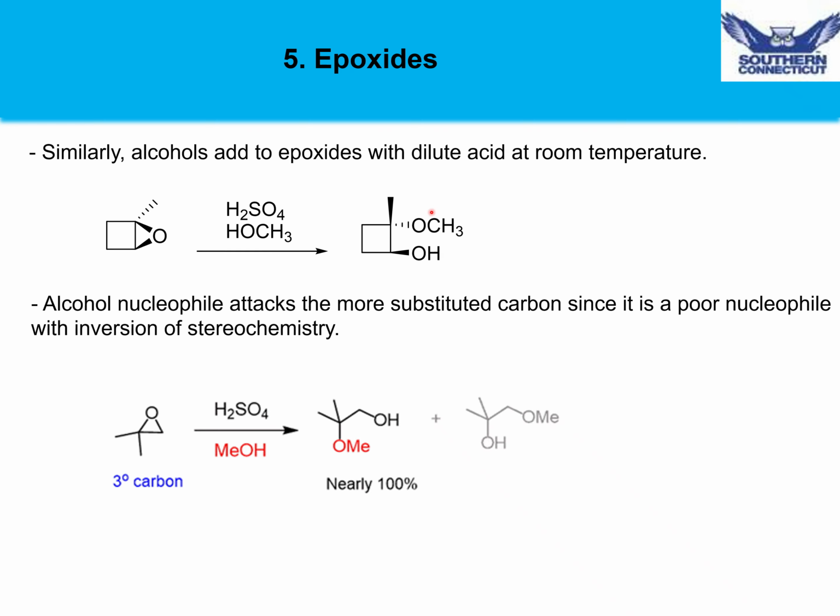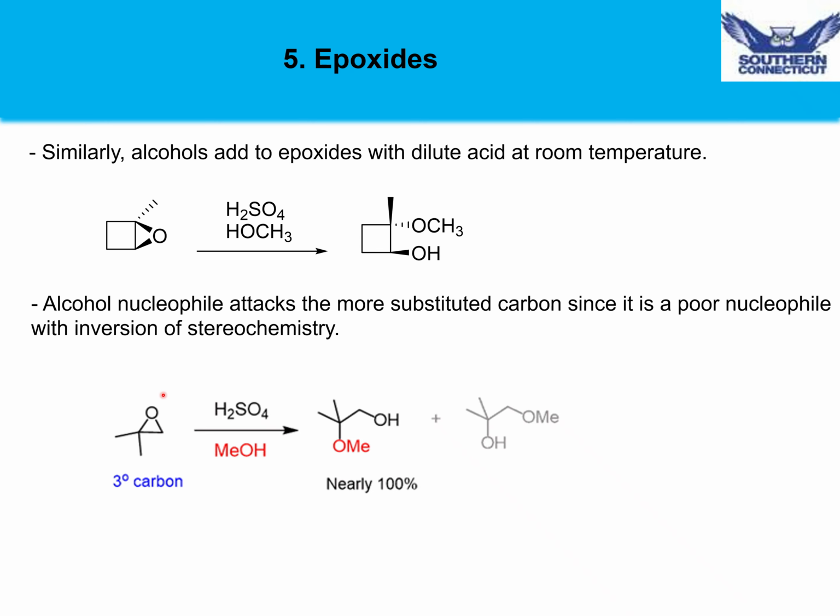Notice the methoxy group is added to the more substituted carbon. It will be added from the opposite side as the epoxide ring, so in this case from the bottom. And the methyl group that was originally there will be inverted from being down to being up. And then the oxygen of the epoxide will be turned into an alcohol.